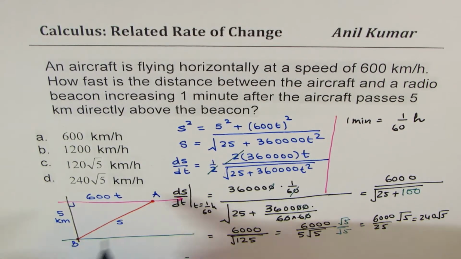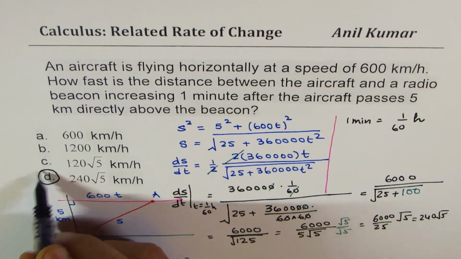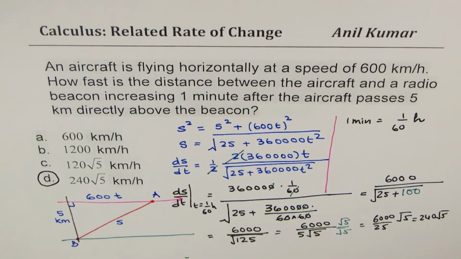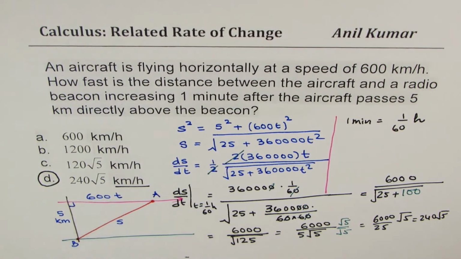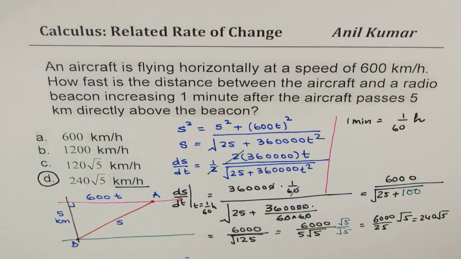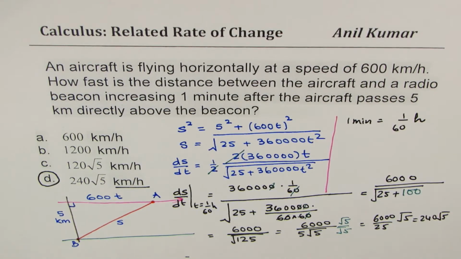So 240 square root 5 is the answer for this rate of separation, and the units will be kilometers per hour. Correct?